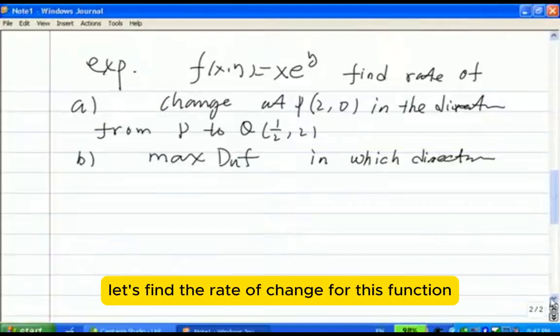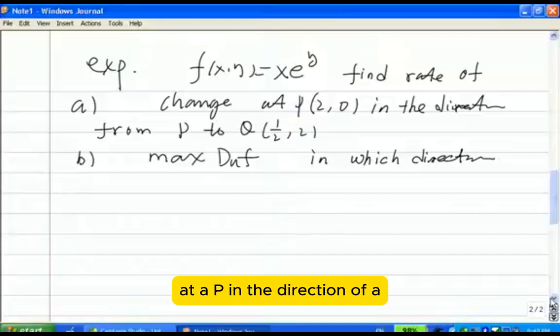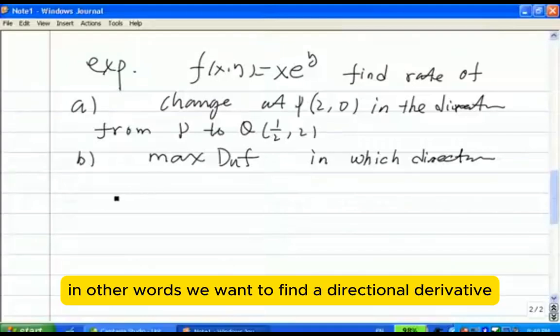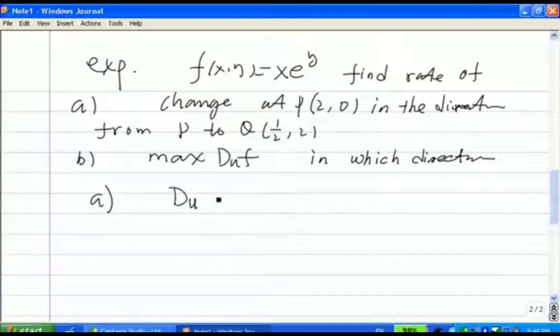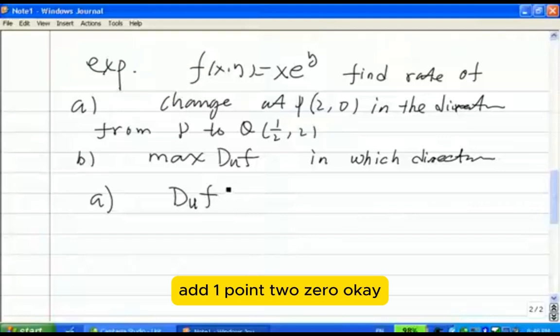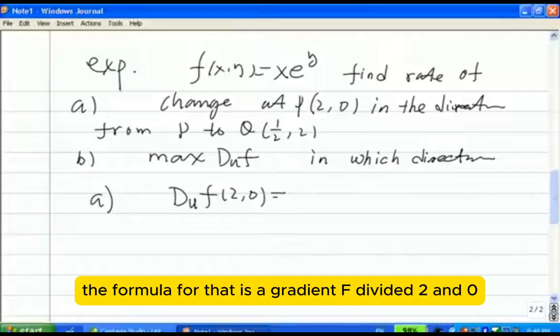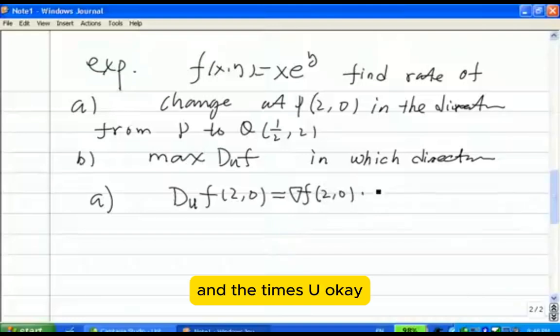Okay, first of all, let's find the rate of change for this function at P in the direction from P to Q. In other words, we want to find the directional derivative at the point (2, 0). The formula for that is the gradient of f evaluated at (2, 0) times u.